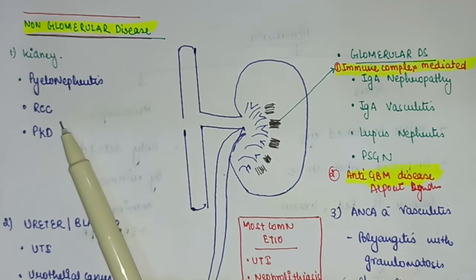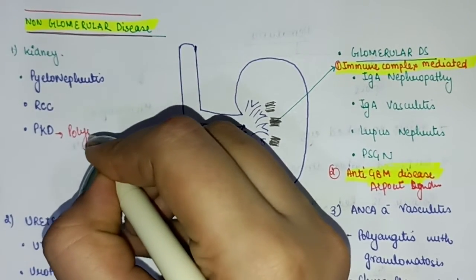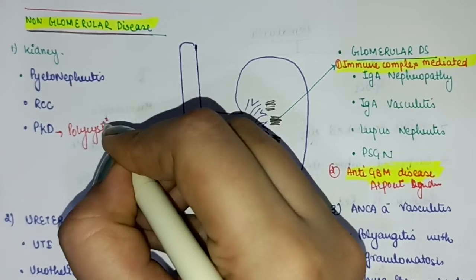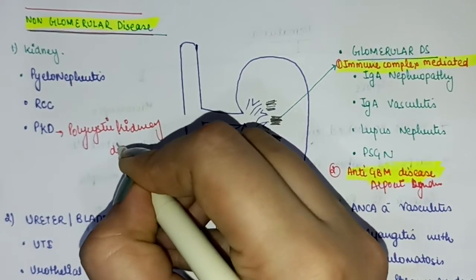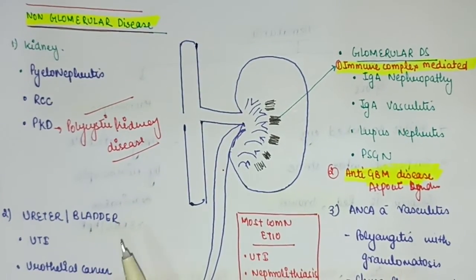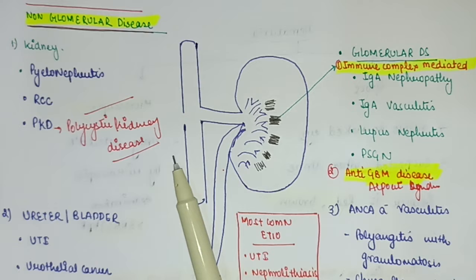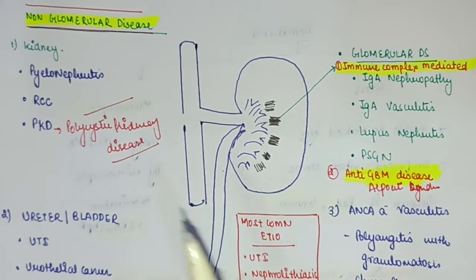Renal cell carcinoma and polycystic kidney disease can also present with hematuria. In a patient with polycystic kidney disease, if the patient has microscopic hematuria, always rule out cyst infection. So in the kidney, non-glomerular diseases include pyelonephritis, renal cell carcinoma and polycystic kidney disease.